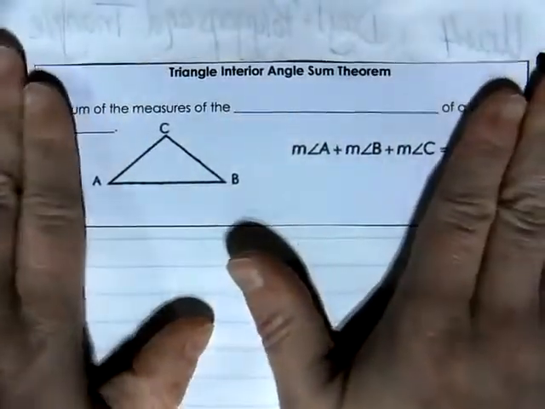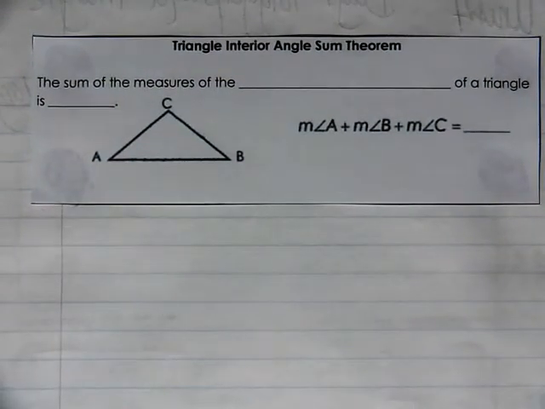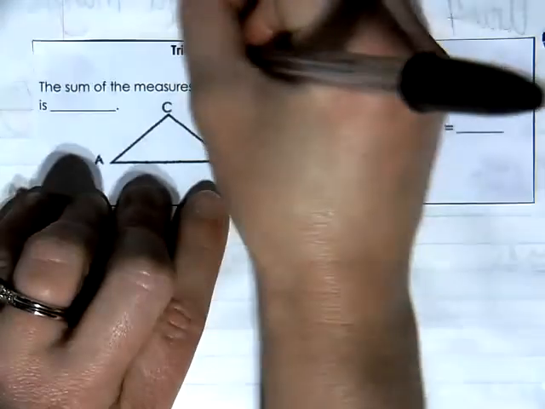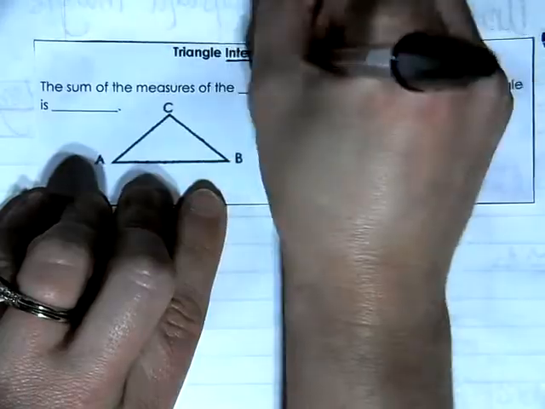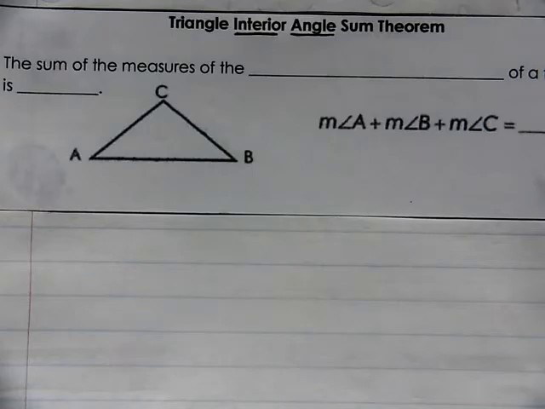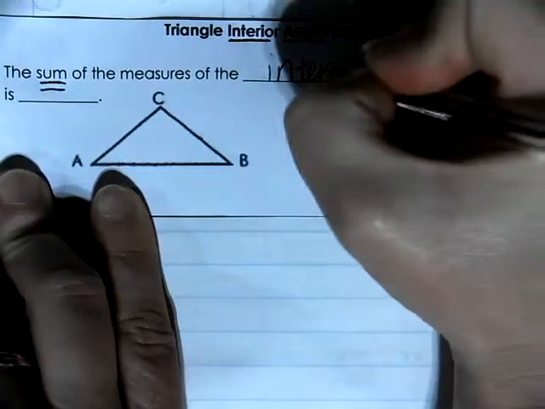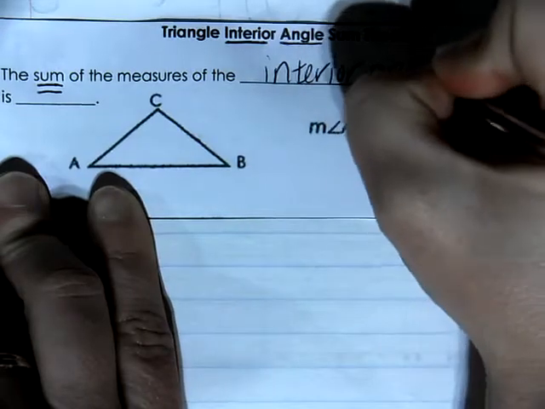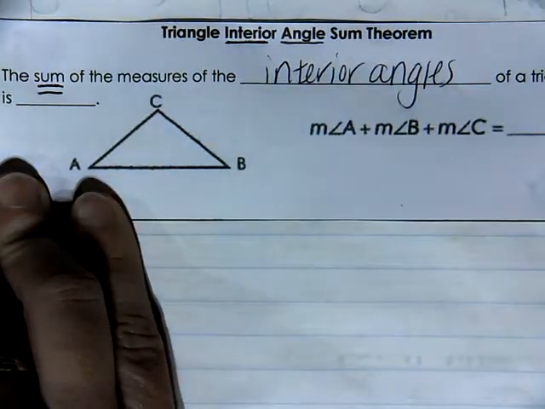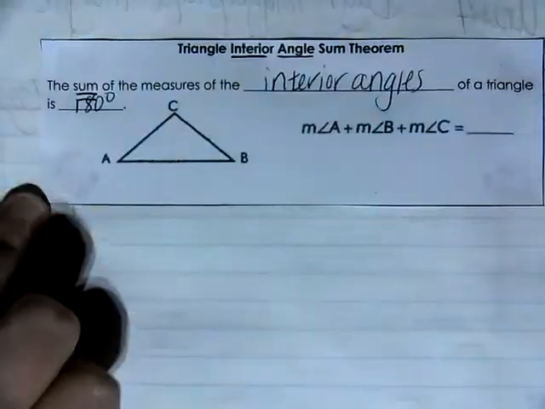This is the triangle sum theorem, and I've already talked about it a little bit in this lesson. And the triangle interior angle sum theorem, notice I'm using the word interior angles because now I have to classify, am I talking about interior or exterior? But the sum, meaning if you add all of the measures of the interior angles of a triangle, the sum is 180 degrees, always.